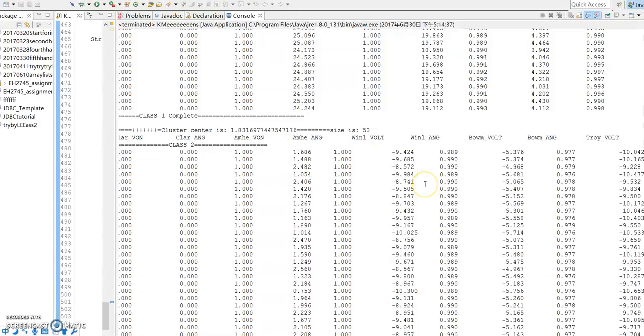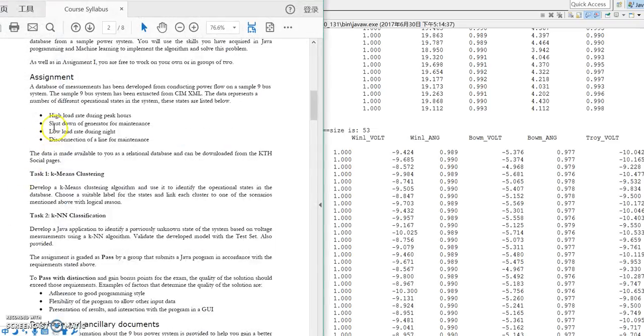So for one generation bar we receive reactive power from the grid, and for another one we provide reactive power to the grid. So we can conclude that class 2 corresponds to the case of shutdown of one generator for maintenance.